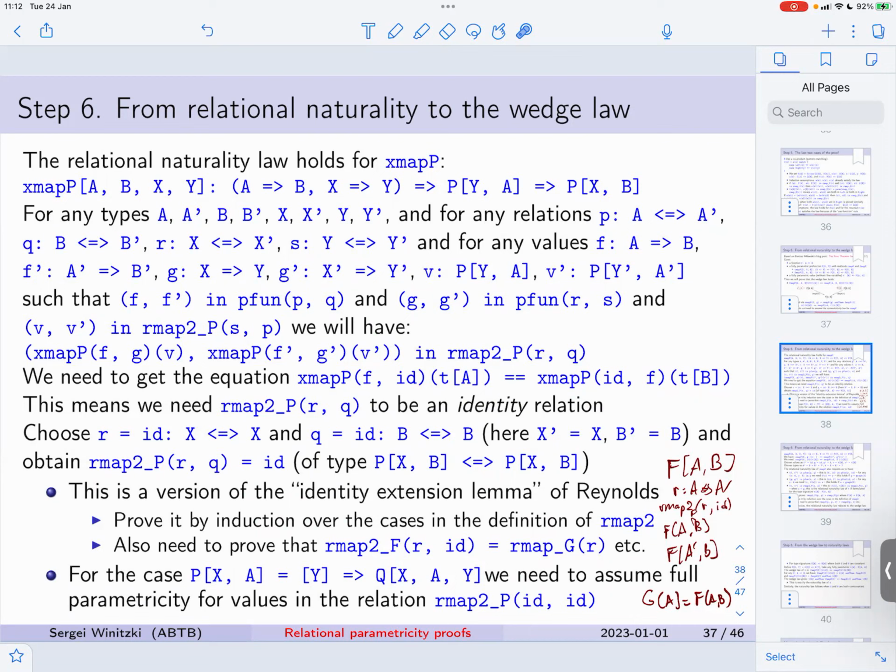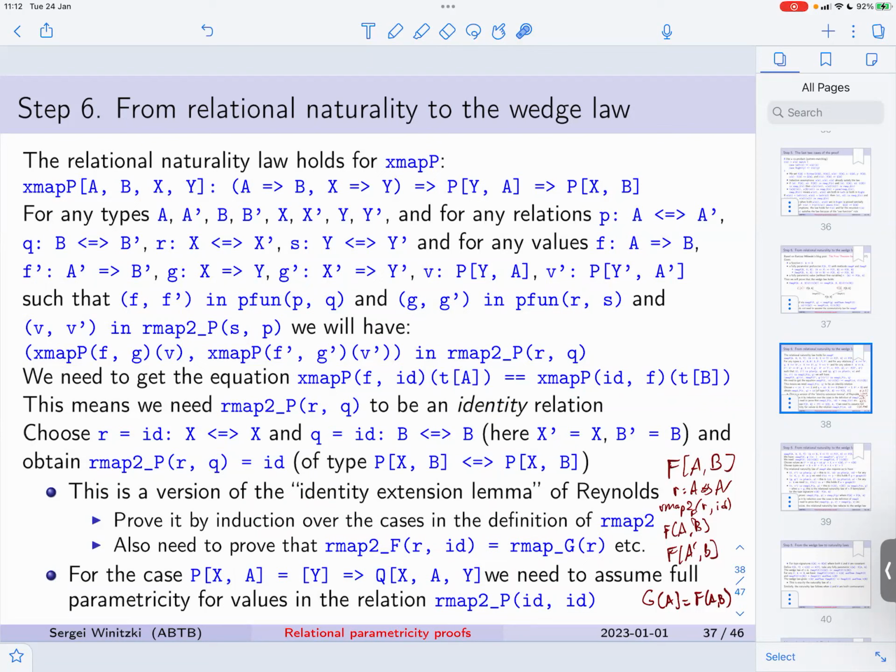So imagine now we have proved this, and so then we can just choose R and Q as identity, and we get here the identity relation. But actually, to prove that identity extension lemma, or to prove that lifting is giving you the right results, you also need to assume full parametricity.